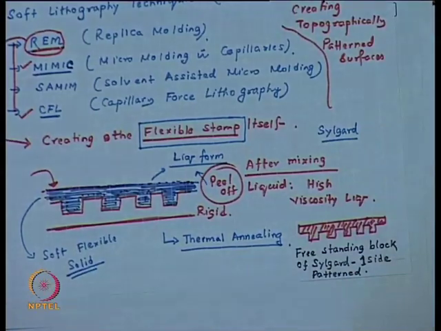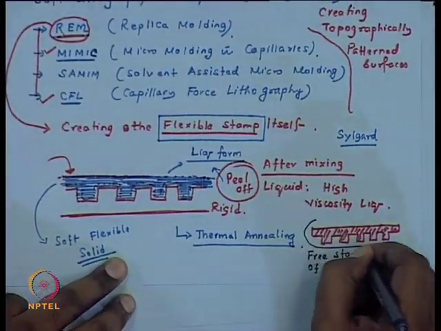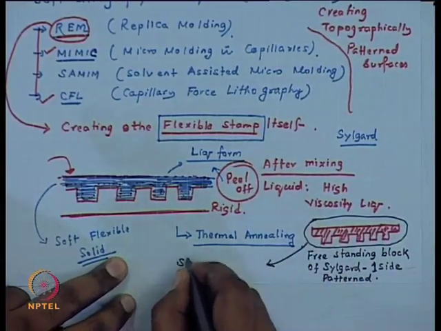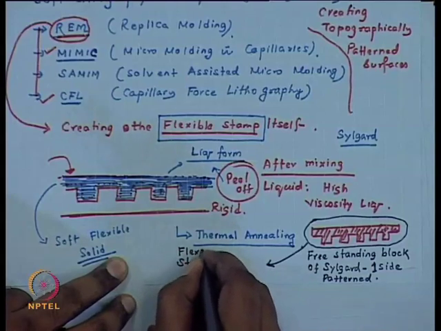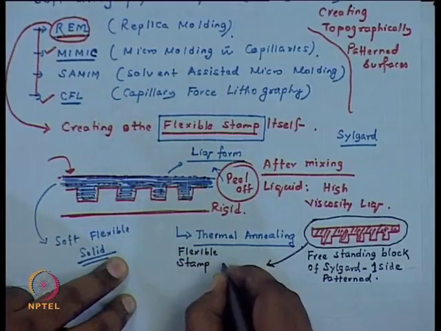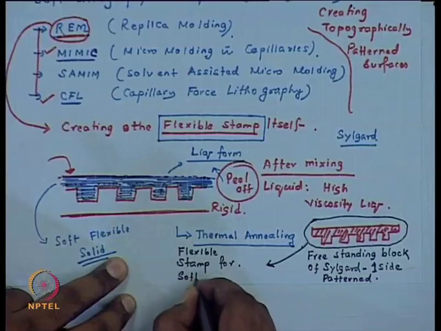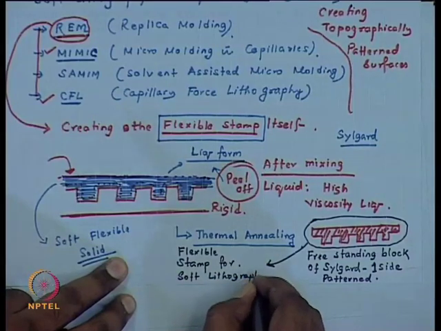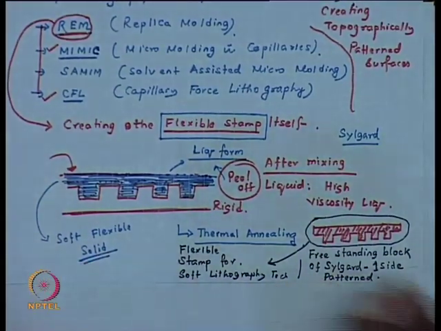So, you are now ready, and what is going to be the utility of this material? This is going to be your flexible stamp for other soft lithography techniques. So, you have been able to make it, and this is something very simple.